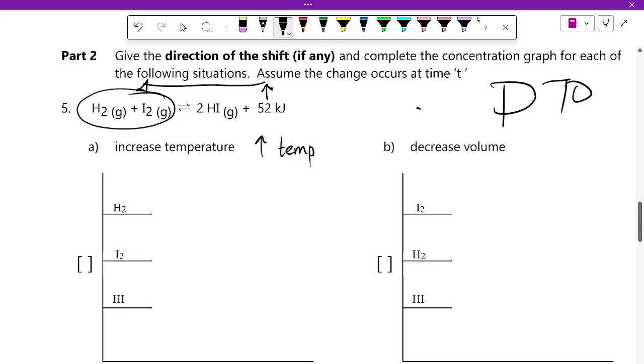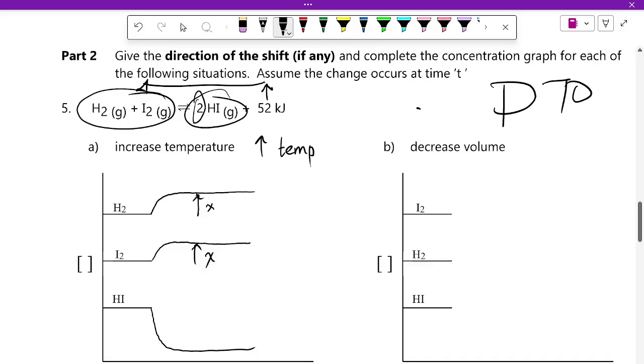So H2 is going to go up and it's got a coefficient of 1, so that's going to be X. I2 is also going to go up because it is being made, and it's also got a coefficient of 1. HI is being used up, and it has a coefficient of 2, so it's going to go down by 2x. Yeah? Cool.